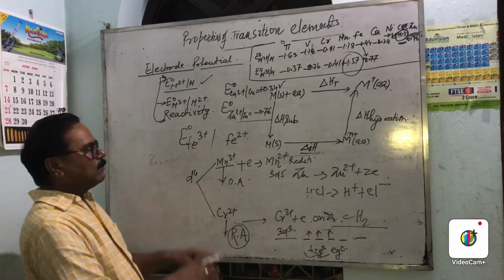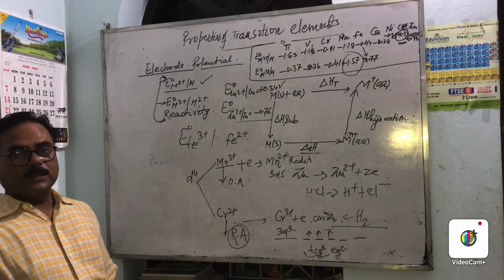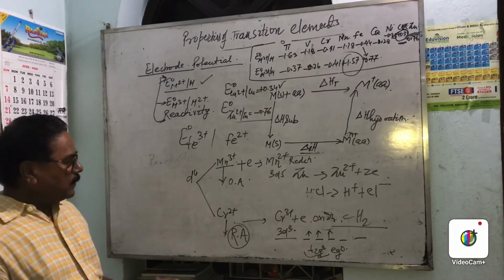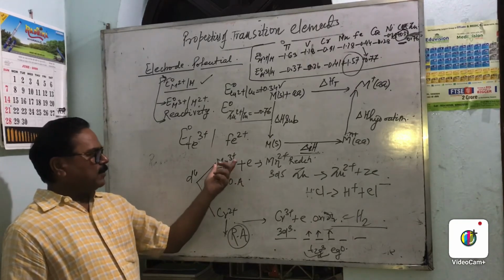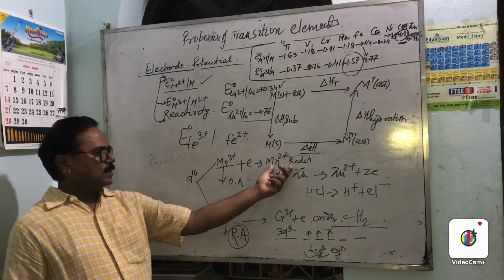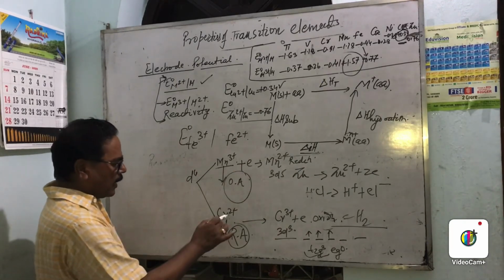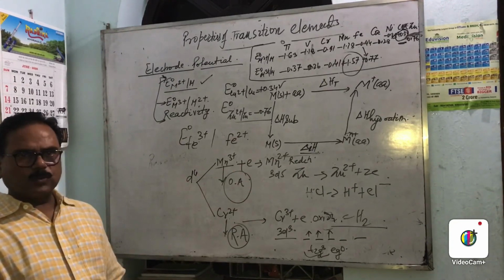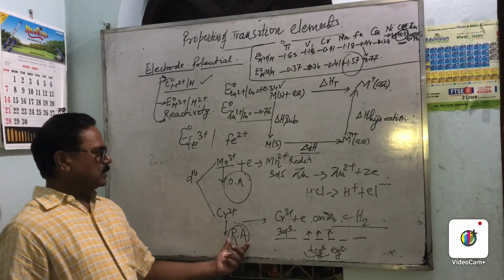So this is all about the variability of the electrode potential. The reactivity depends upon the electrode potential, and that's why we can say Mn3 plus acts as an oxidizing agent, and chromium 2 plus, titanium 2 plus, vanadium 2 plus will act as reducing agents.